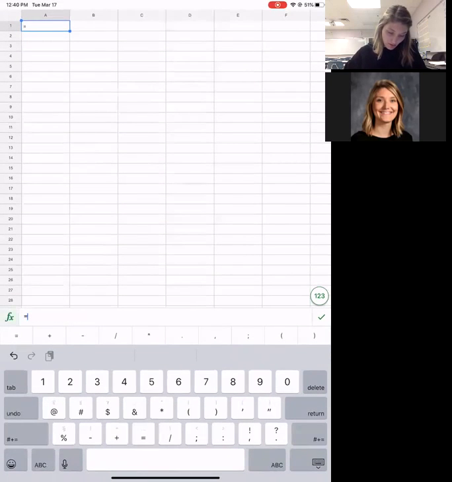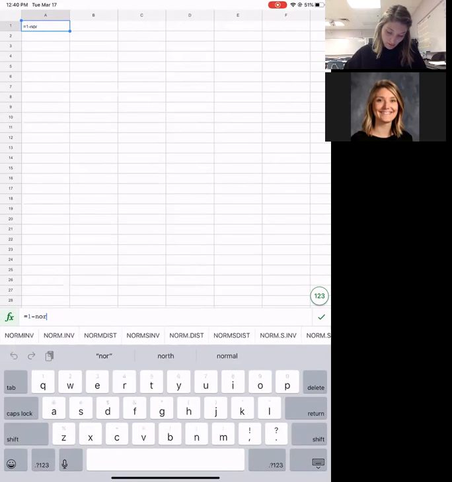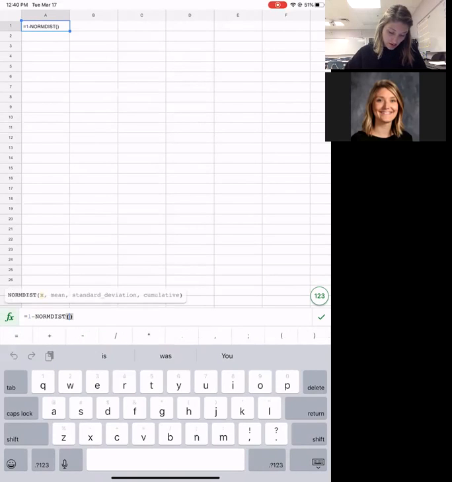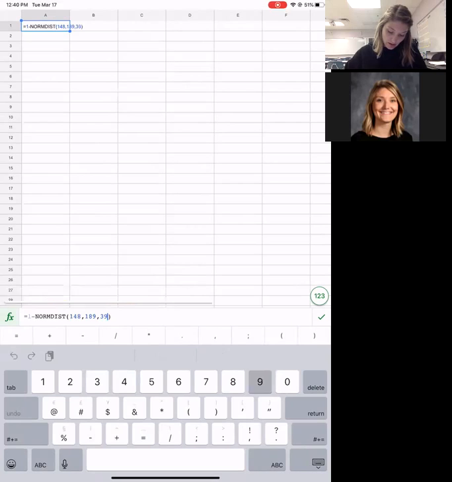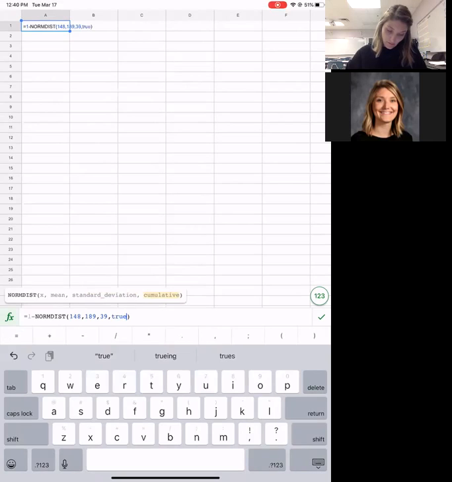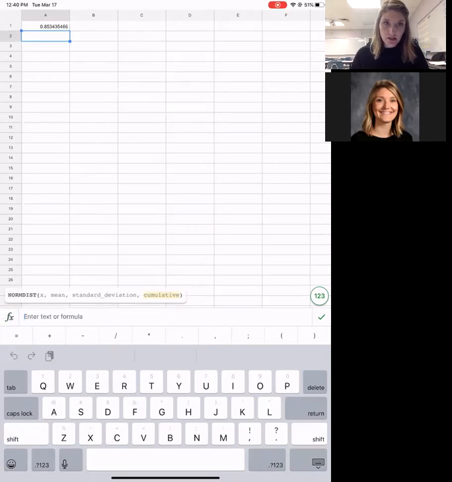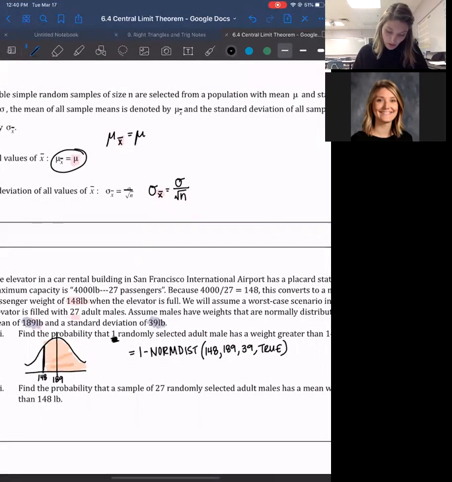I'm going to do equals 1 minus norm dist of 148, 189, 39, and true. Okay, so that area that I shaded should be 0.8534. Let's go with that.